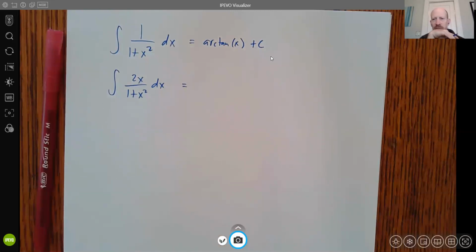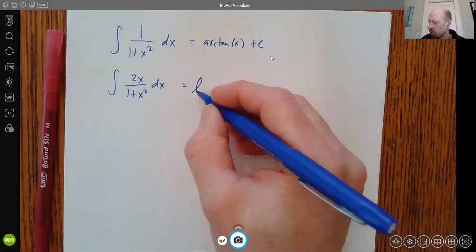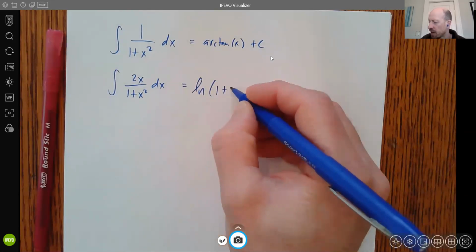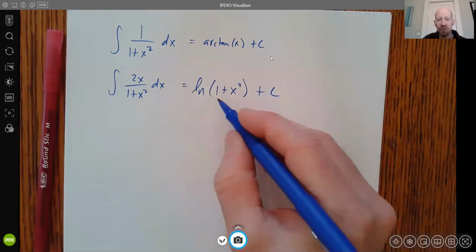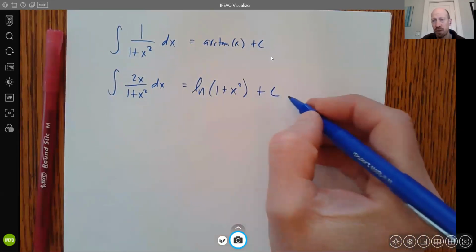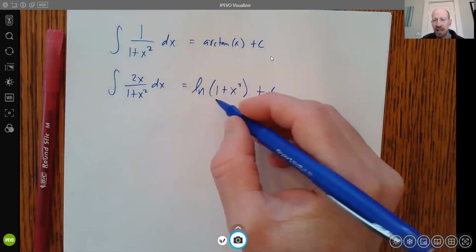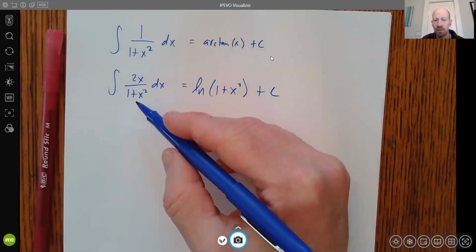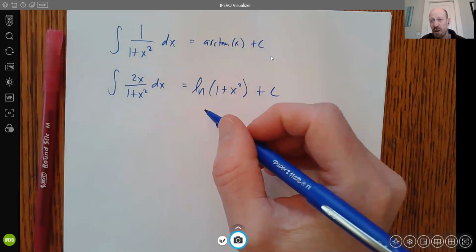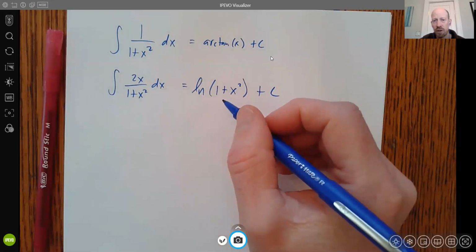It's not the same function, but all of a sudden the antiderivative here, and we don't necessarily have the skills yet, we'll learn them in 5.5, but this becomes the natural log of 1 plus x squared plus c. And you can check that by the derivative, right? The derivative of ln(1 + x^2) is 2x over 1 plus x squared. So if the derivative works, then you got it.